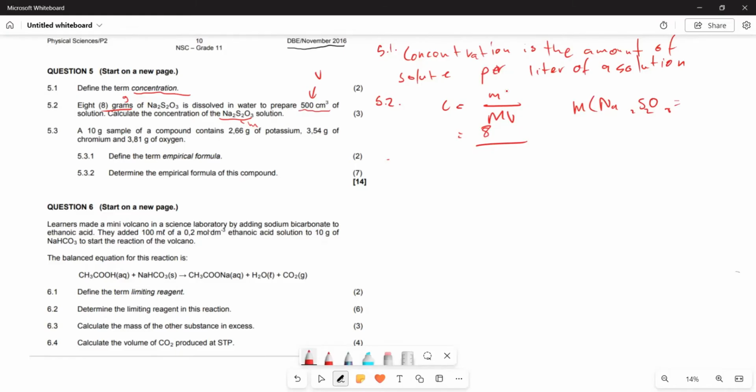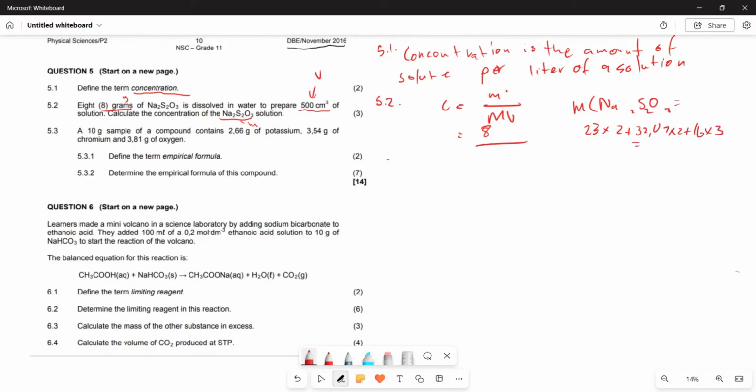Our sodium is given by 23. So this is 23 multiplied by 2, plus your sulfur, which is 32.07 multiplied by 2, plus your 16 multiplied by 3.